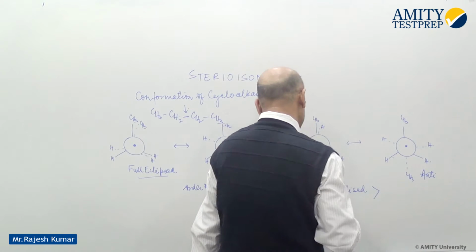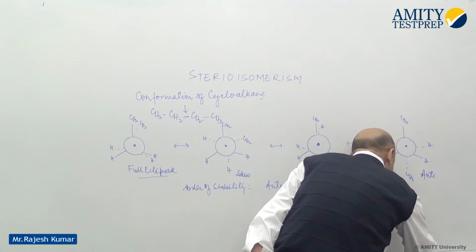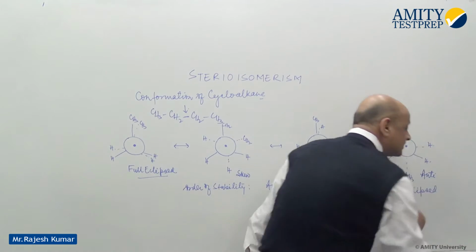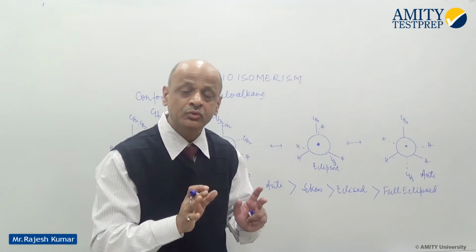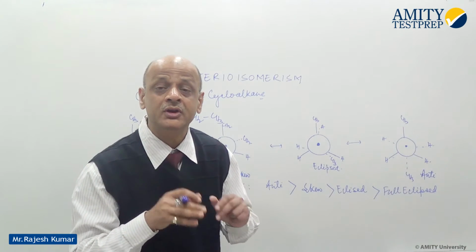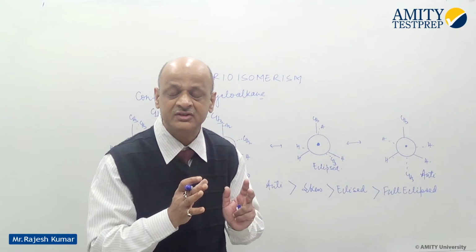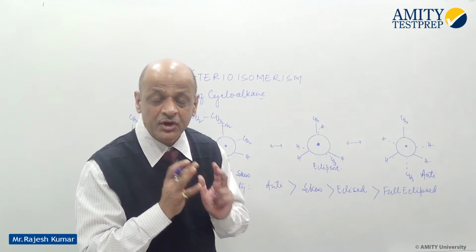And here it is full eclipsed. It is least stable because bulky groups are superimposed on each other, and all bulky groups are nearest to each other, so the steric effect is very predominant there.